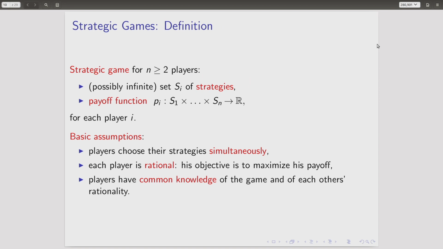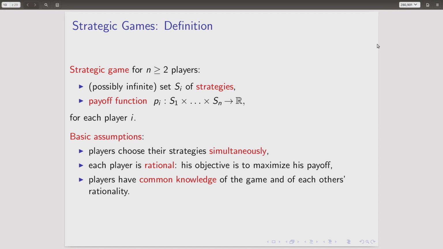So here is a formal definition after this introductory example. We have a game for some fixed number of players. Each player has some set of strategies, and then we also have a payoff function which ties all of them together. Because look what happens.